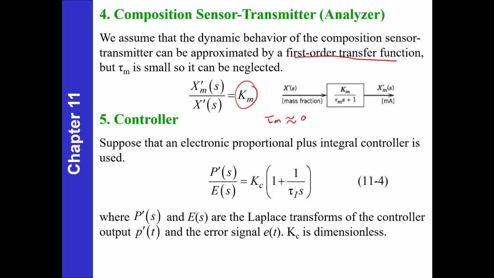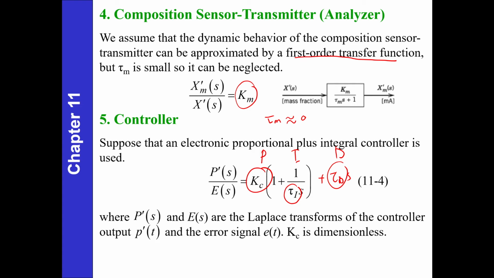And then we have the controller here. It is a PI controller. How do I know it is PI? Because we have KC and only tau I. If we had tau D, then we would have a derivative.